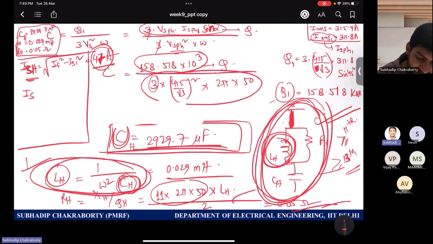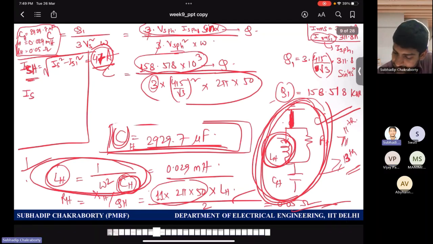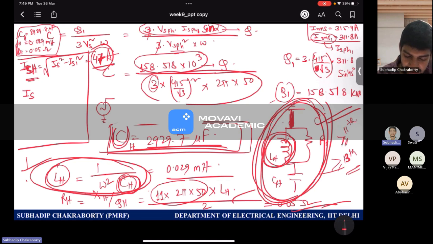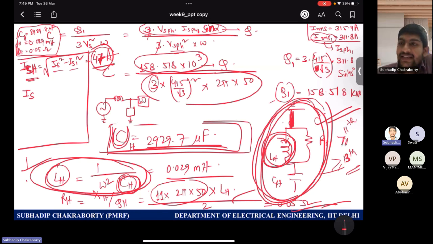When you do that, please understand. Let me draw the diagram. So there we are providing some filters, and here is the load. Now what is IS square minus IS1 square? It is reflected load harmonics, ILH. So the ILH plus IL fundamental.